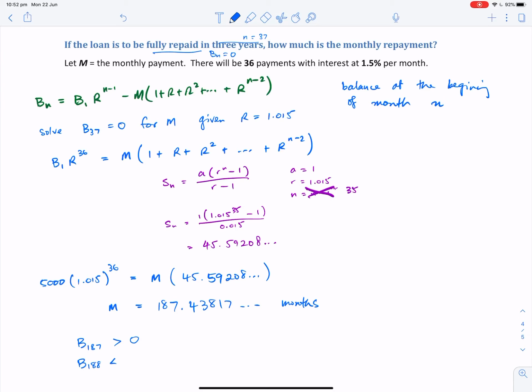B188 will be less than 0. So at the beginning of month 187, we won't have paid it off, right? At the beginning of month 188, the loan will be paid in full.